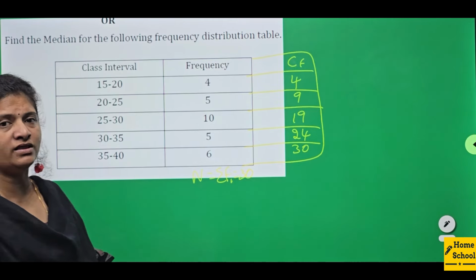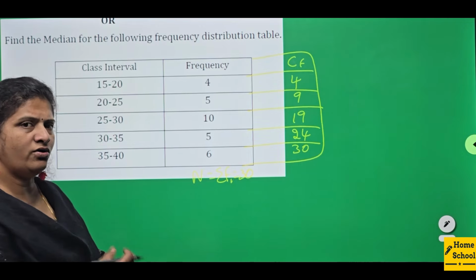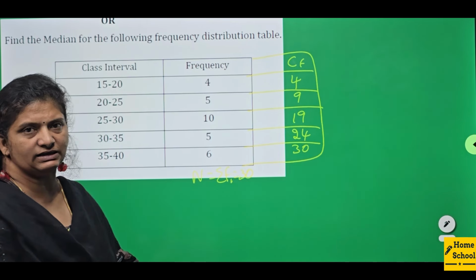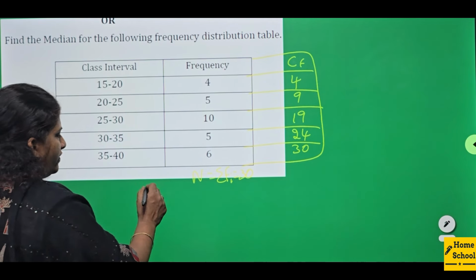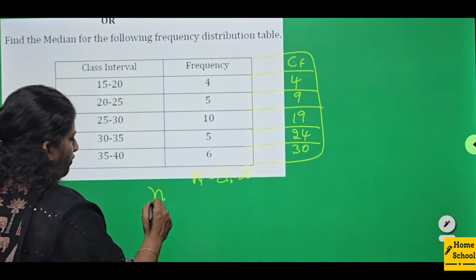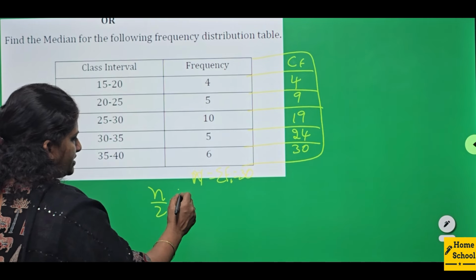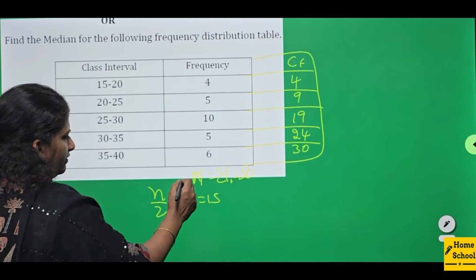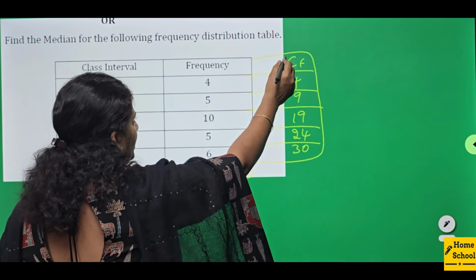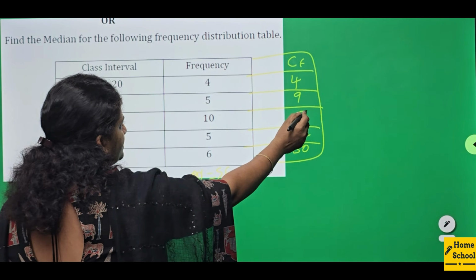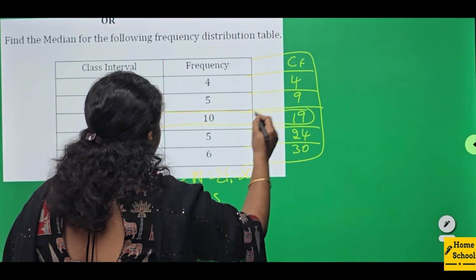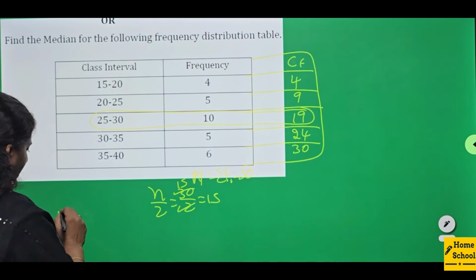Observe the median class. How do we get median class? Total frequency is 30. What is half of the frequency? Half of the frequency, n by 2 is equal to 30 by 2, that is 15. Where do you get 15 in cumulative frequency first? In this, right? So round up. This is called the median class.